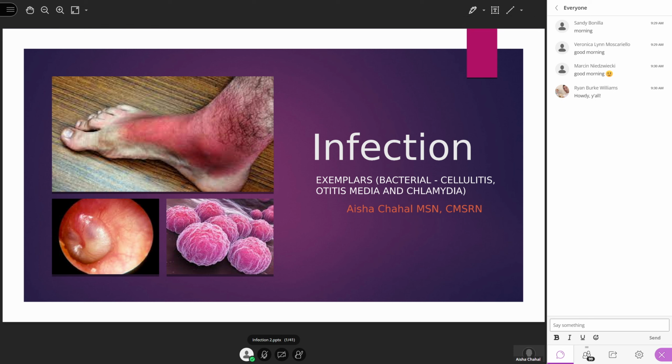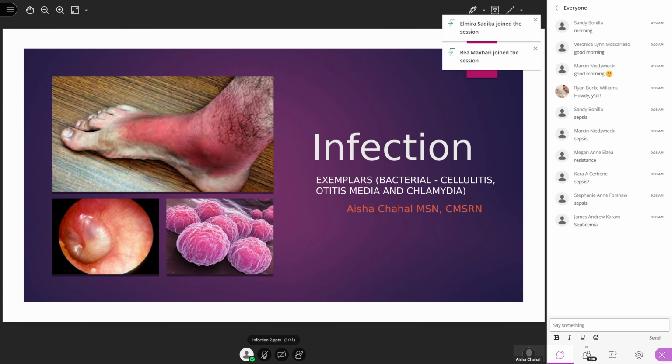Can anybody tell me, what do you think? The extreme part now, okay, we are here and we really need to manage the patient. Yeah, resistance can be one, but sepsis, really, sepsis, right? Septic shock, one word that comes to our mind right away with any type of infection is septic shock, right?